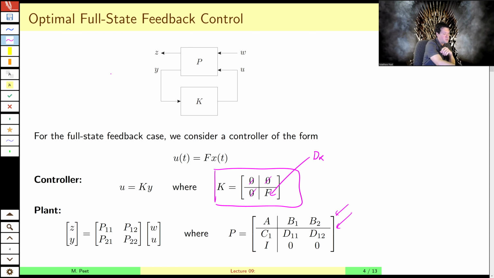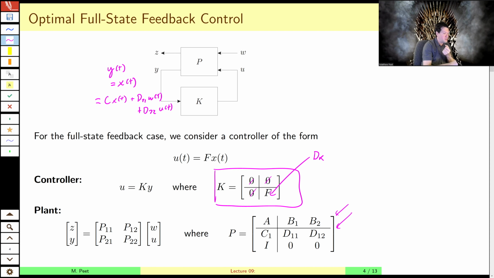Well, in this case, we have to constrain ourselves or limit ourselves to the case where the output is the state of the system itself. So y(t) is simply x(t). So if we think of y(t) in sort of the full plant mode, that's C2 x(t) plus D21 w(t) plus D22 u(t).